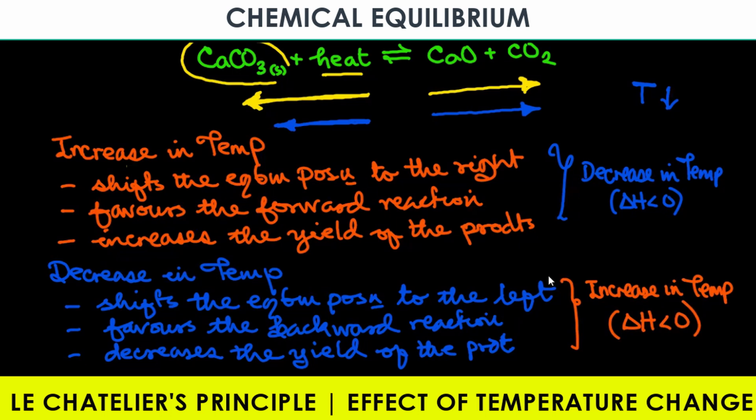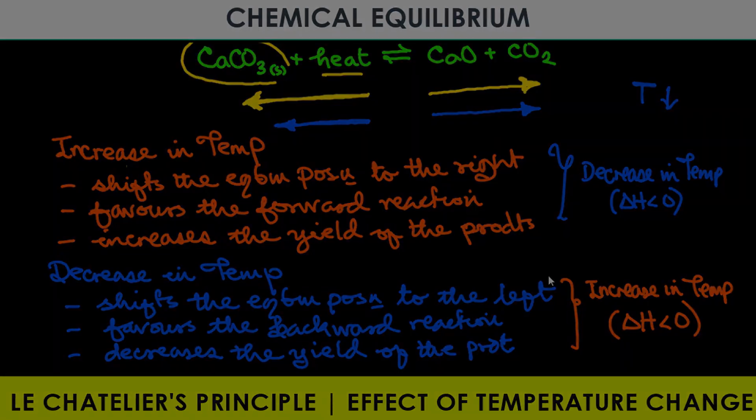You know that an exothermic reaction is the opposite of an endothermic reaction. If the forward reaction for a given reaction is exothermic, then it means that the backward reaction is definitely endothermic. All right, so let's move on to the next condition, which is pressure.